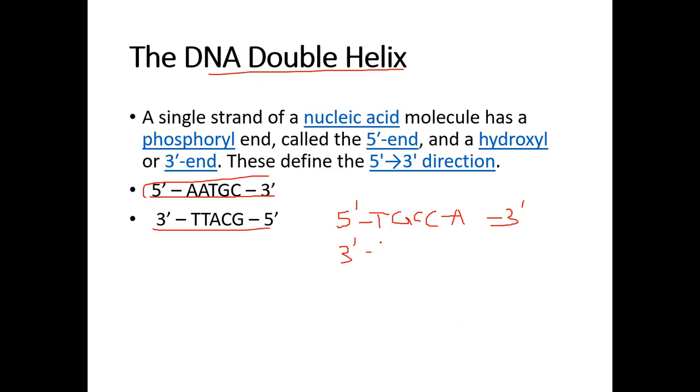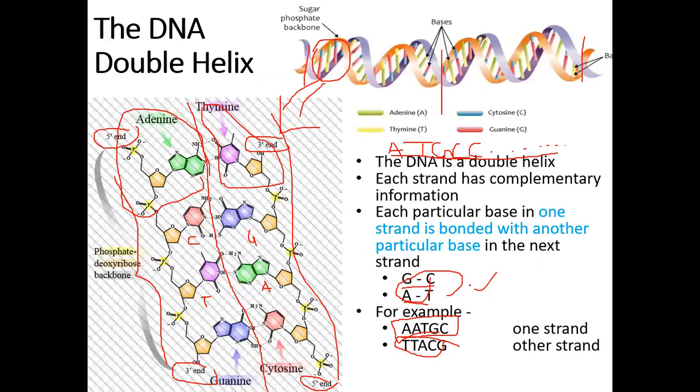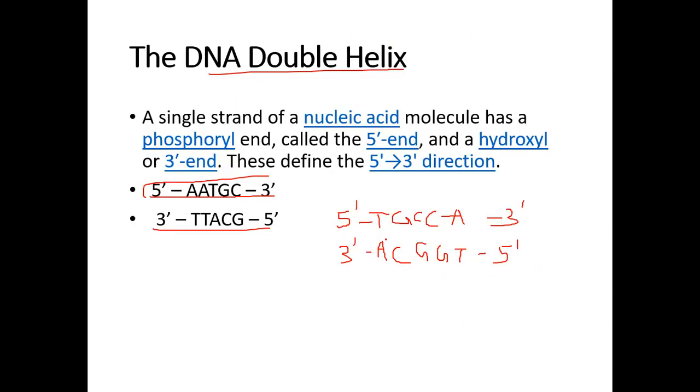T would bind with A, G would bind with C, C would bind with G, again C would bind with G, and A would bind with T. And the 5' end is on the other side. So you should be able to do this. If you are given something and you know this, you can do that.